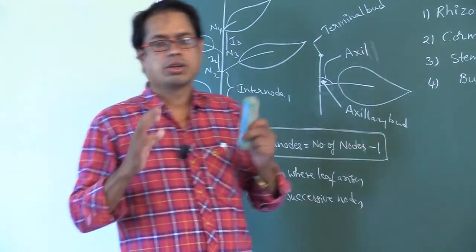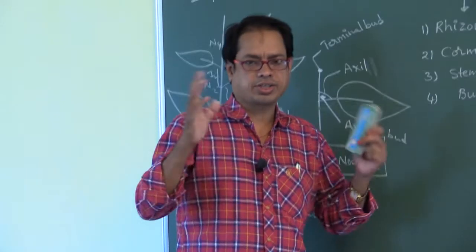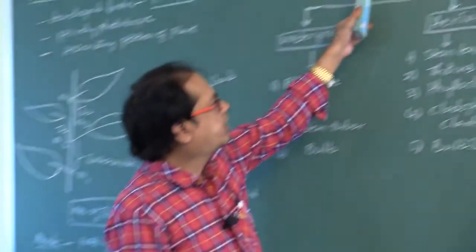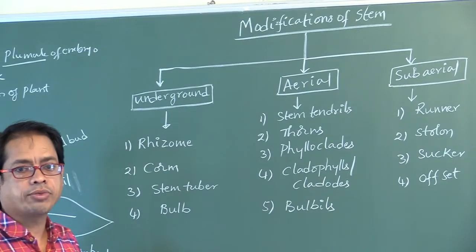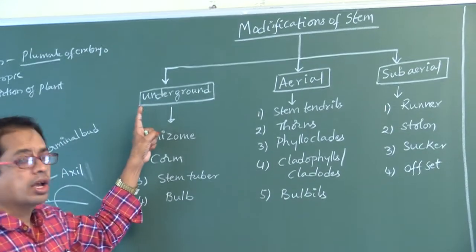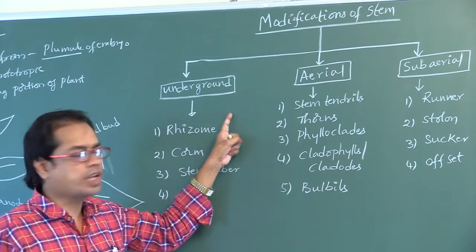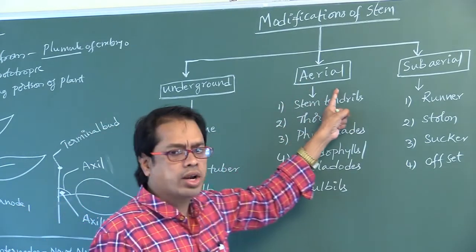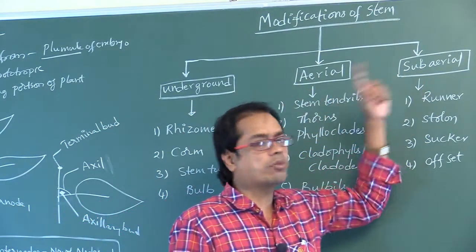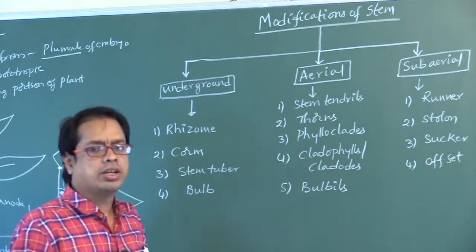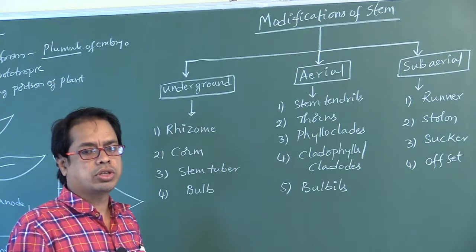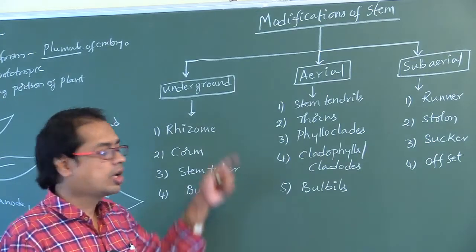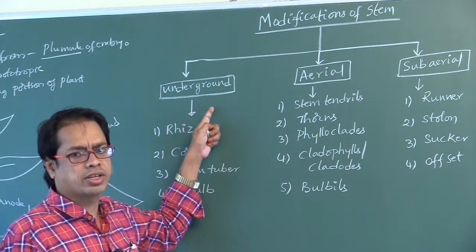Now the stem will show modifications. What are the modifications of the stem? Modifications of the stem are mainly of three types: underground stem modifications, aerial stem modifications, subaerial stem modifications. Modifications that occur below the soil are called underground stem modifications.